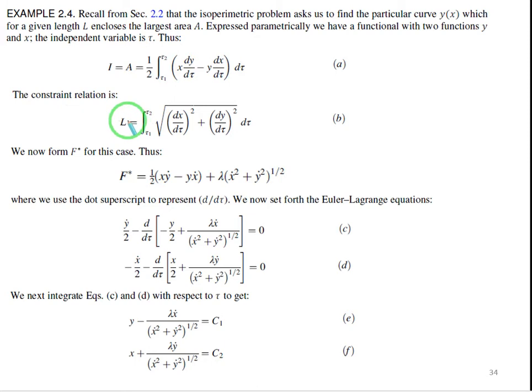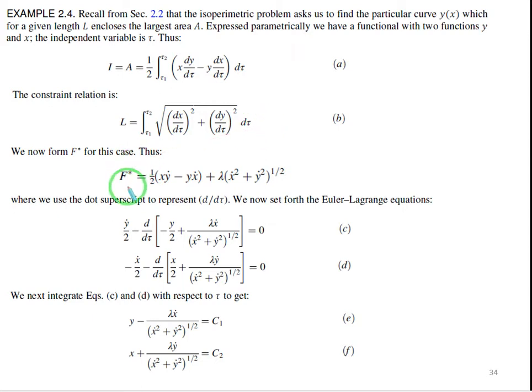And L, the length of the path, can be calculated by this formula: integration from tau 1 to tau 2 of the square root of (dx over d tau) squared plus (dy over d tau) squared, d tau. This is our functional problem, and this is our constraint.